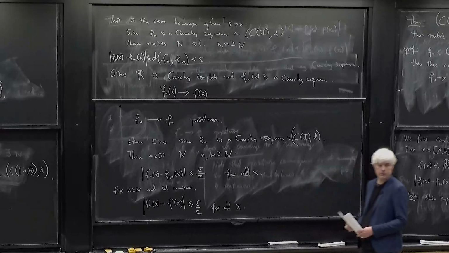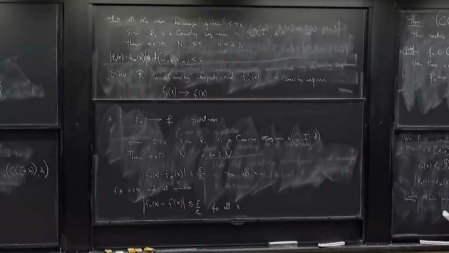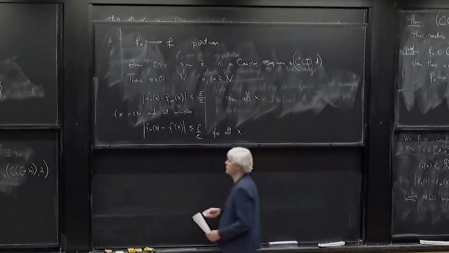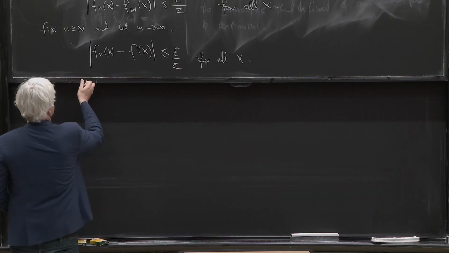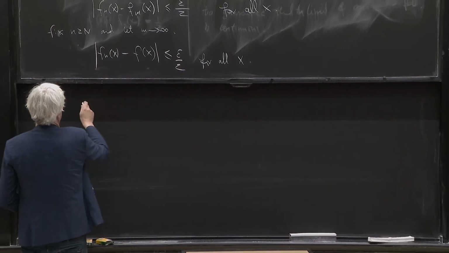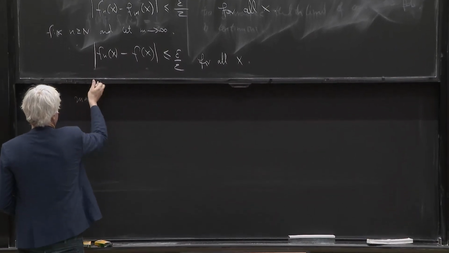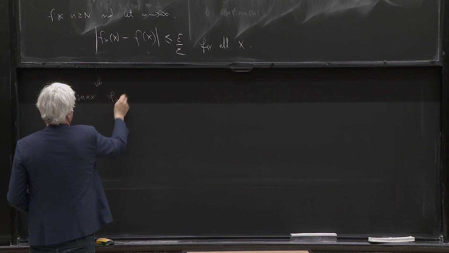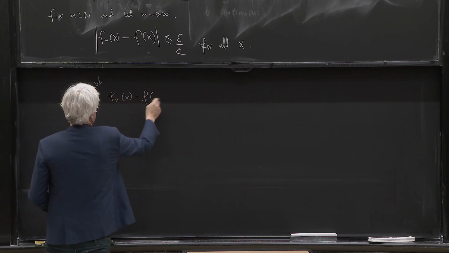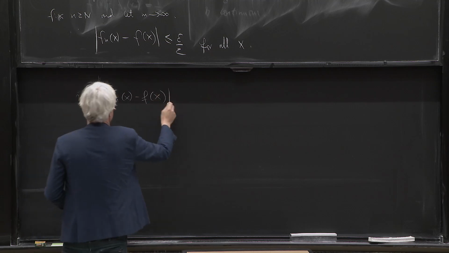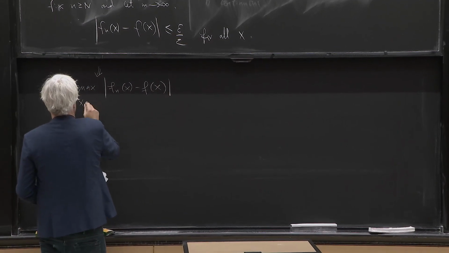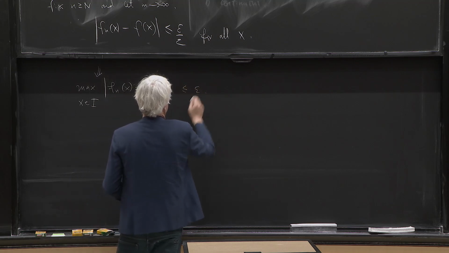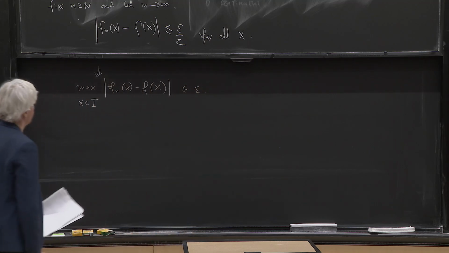Right? This is just letting m go to the limit. But this, of course, says that the max, if you will, so this implies that the max of Fn of x minus f of x, where x is now in this interval, is less or equal to epsilon, right?